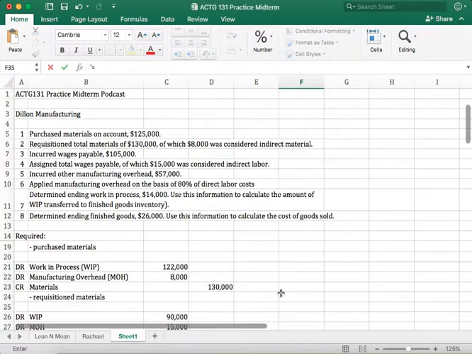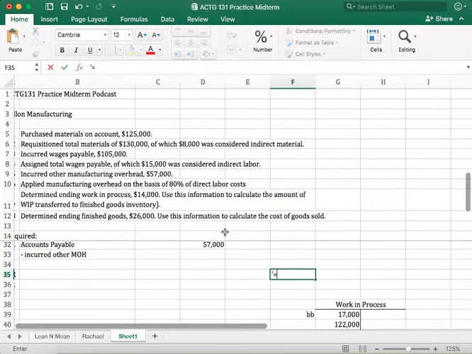Here it is, 122,000. And we're only going to use 80% of that. So that's the formula, 122 times 80%.